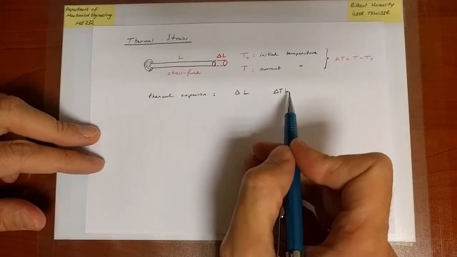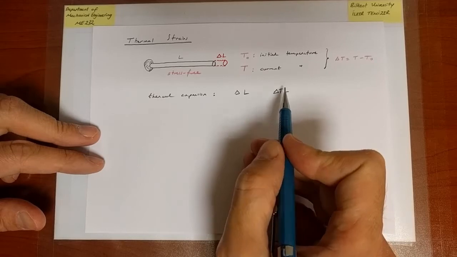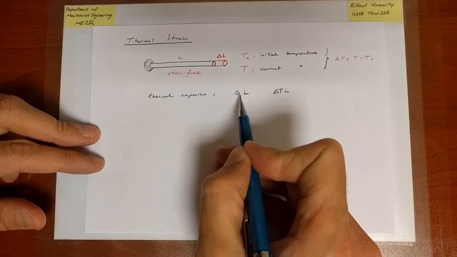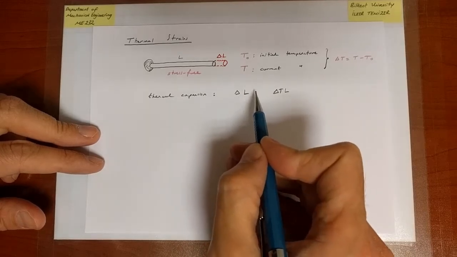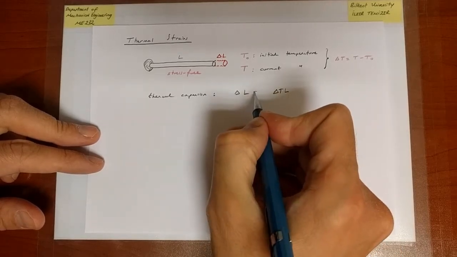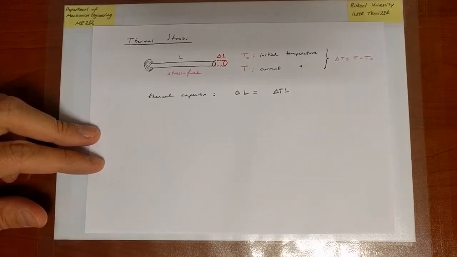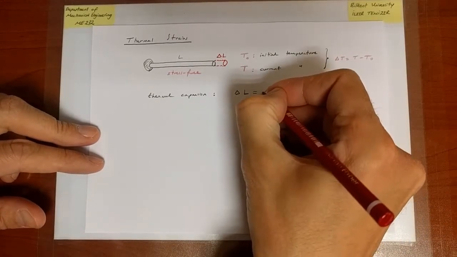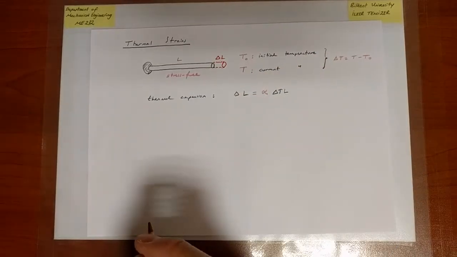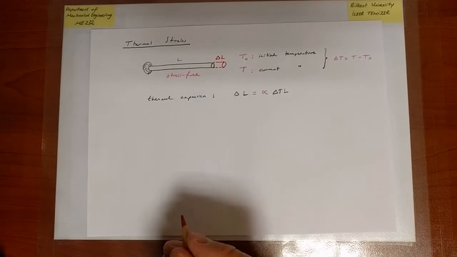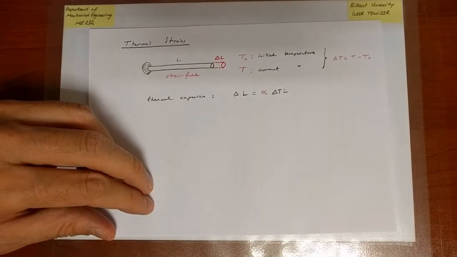However, for a given temperature change and initial length, for every material, the amount of elongation is different, okay? And therefore, to make the observation a proportionality equality, what we do is we go ahead and insert a material parameter, alpha, which allows us to conclude something about the amount of thermal expansion.